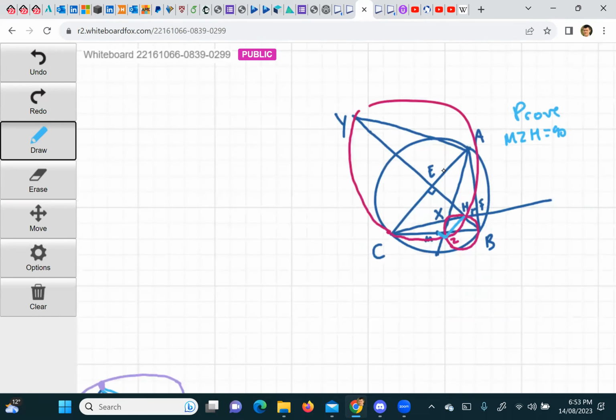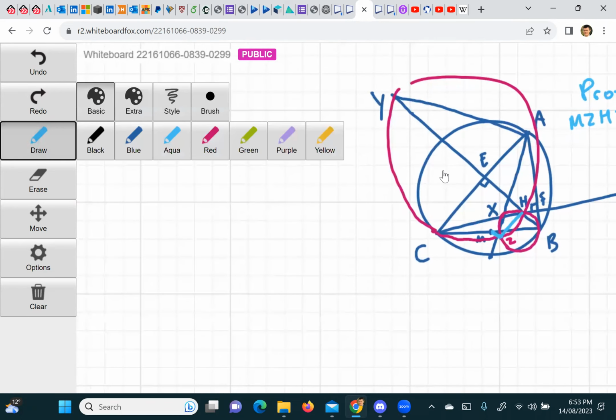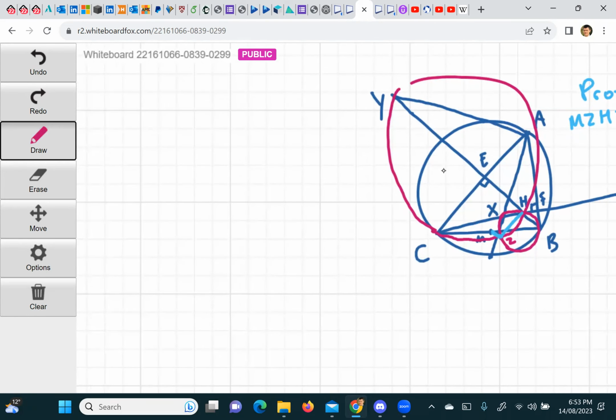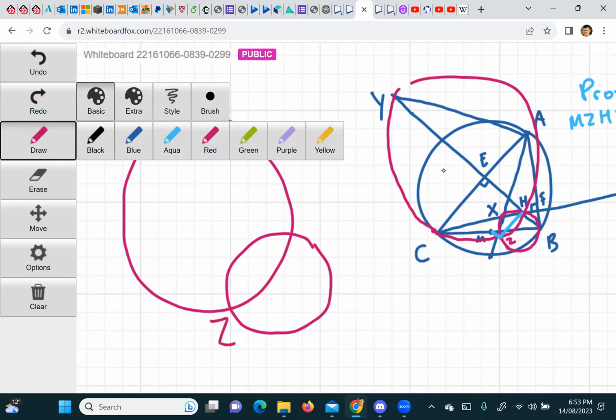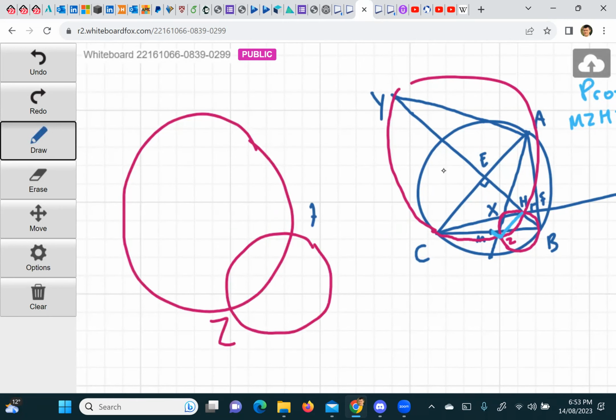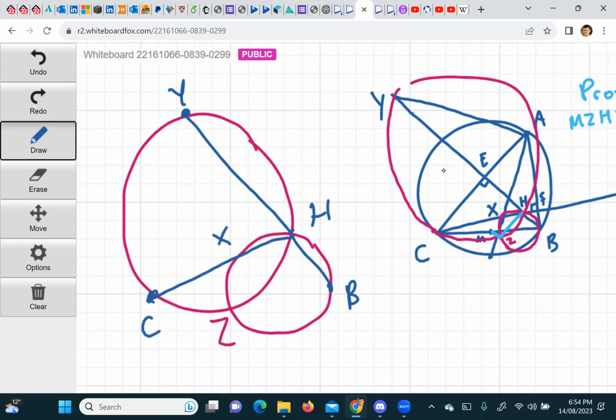Well, this is how we're going to make use of Z. This is Z, right? This is H, yeah? B is here, and that's Y, yeah? And X is there and C is there, yeah? Similar triangles? Yeah, so we go to spiral similarity, yeah? What are we trying to prove?